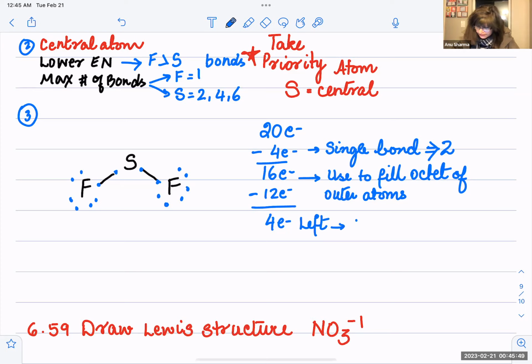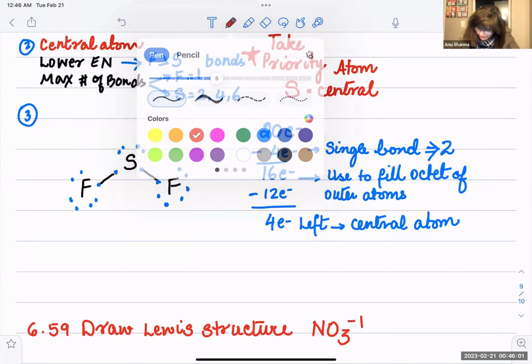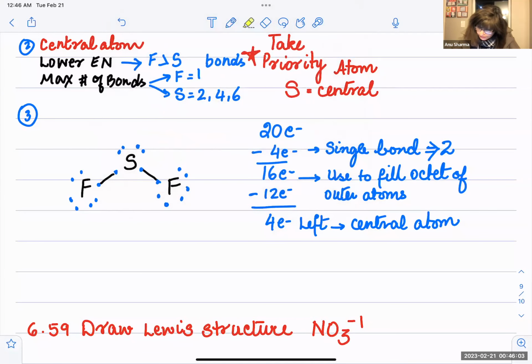They go on the central atom. Okay, now right here, 2, 3, 4. Now you can calculate it. 1, 2, 3, 4, 5, 6, 7, 8, 9, 10, 11, 12, 13, 14, 15, 16, 17, 18, 19, 20. All 20 electrons have been accounted for.